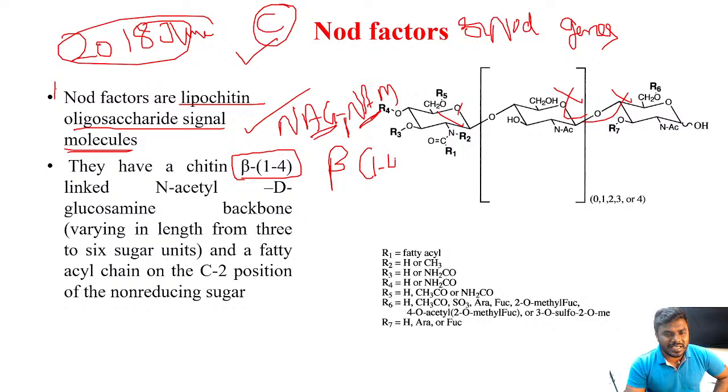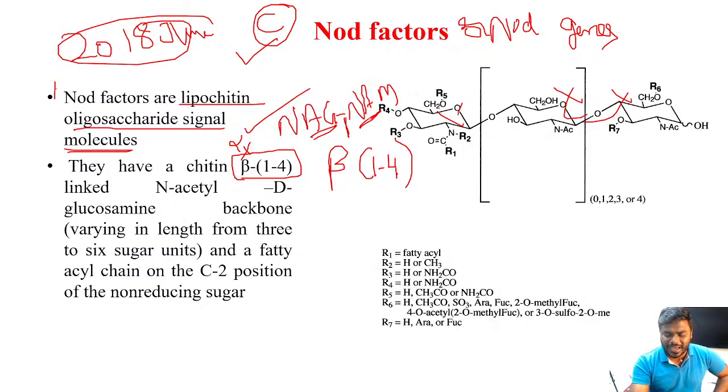You know, in our CSIR exam, as one of the options, they had just given alpha 1,4, which is a wrong statement. That is the question they asked for Part C. Such a simple question. So all of you remember, nod factors or the nod genes present in the bacteria are lipochitin oligosaccharide signal molecules. They have a chitin beta 1,4 linkage.